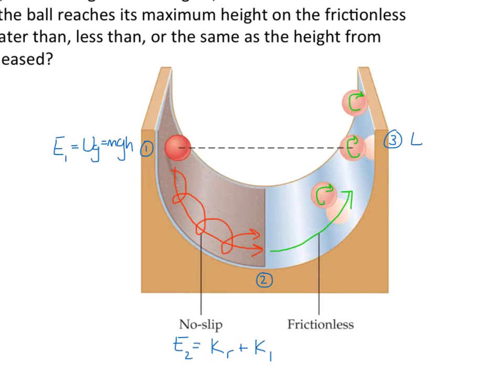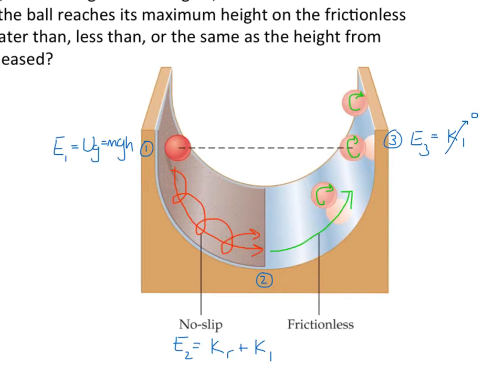But at point 3, the energy that it has is going to be, well, what kind of energy does it not have? Well, wherever it reaches its highest point right there, it no longer has any linear kinetic energy, right? Linear kinetic energy is going to be 0.